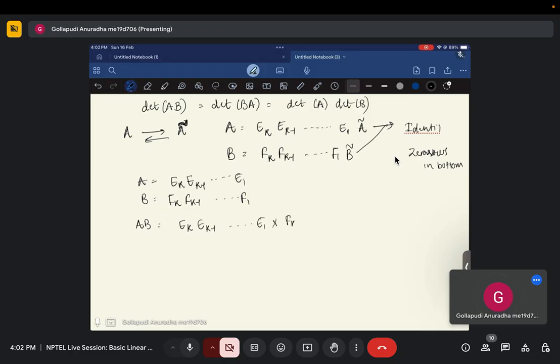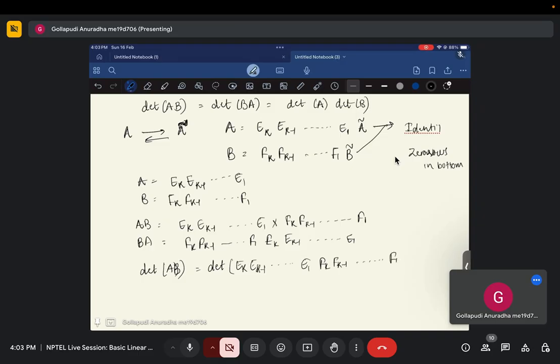So now determinant of AB will be equal to determinant of the product, which means I can write it as individual elements also.